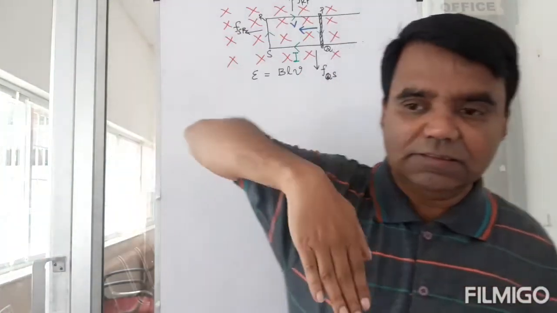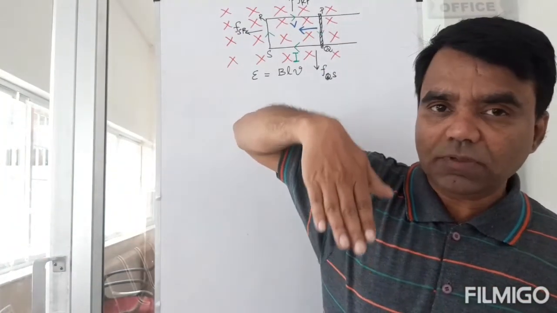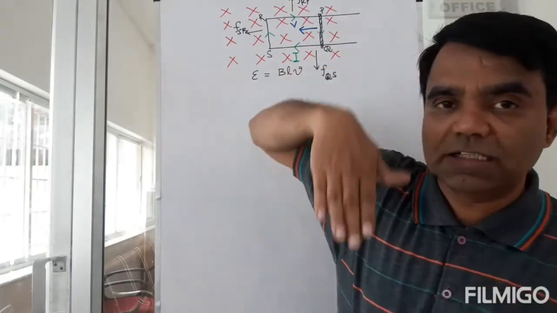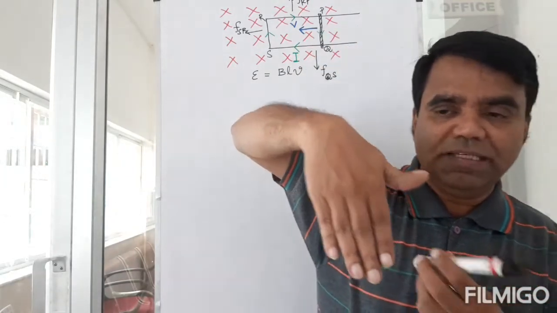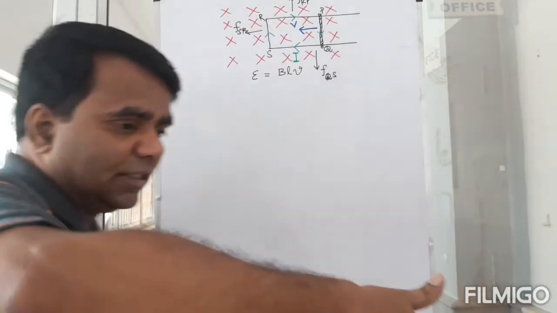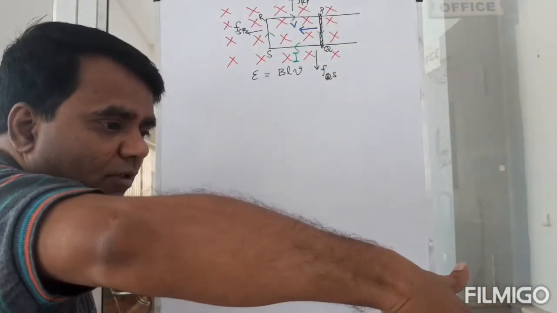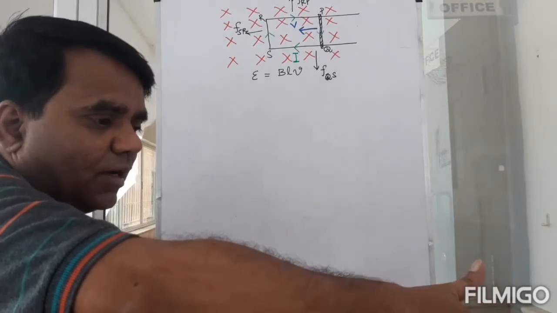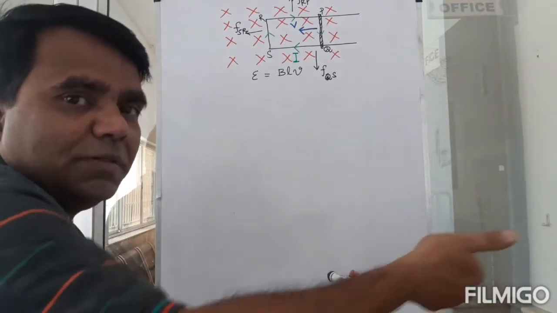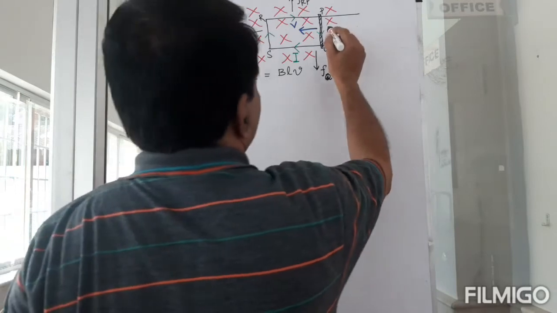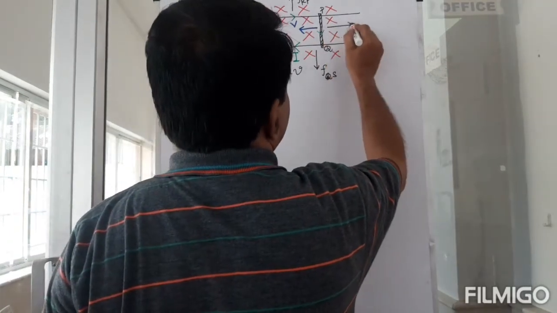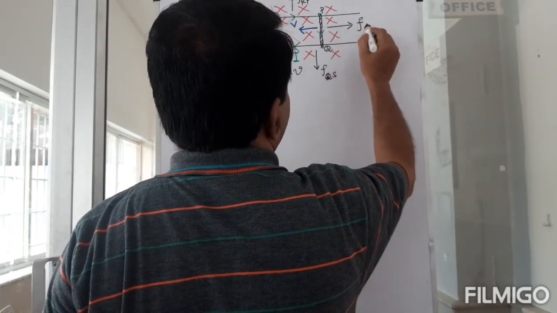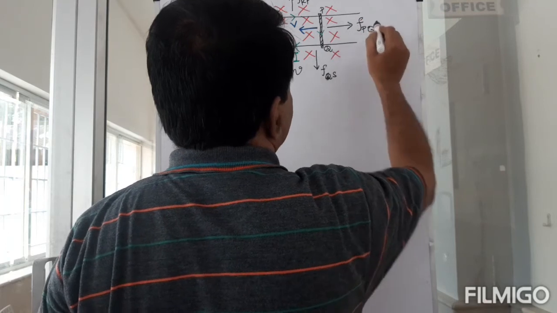FPQ will be down. Current along PQ is down, and B is here, so IL cross B would be in that direction. So the force on this would be in this direction, FPQ.